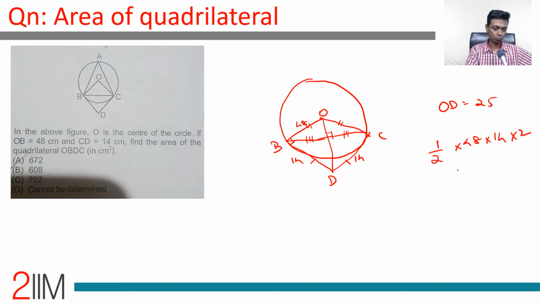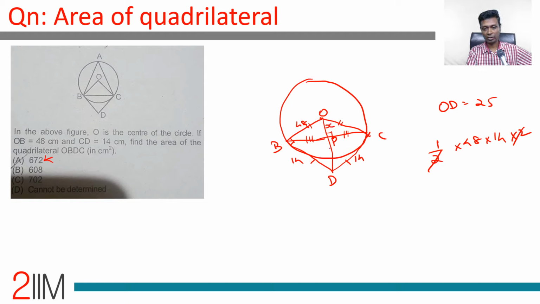You can find that. Suppose the question said find BC, then it's trickier. Even that can be done. This is the answer for this question. 48 into 14, whatever that 480 plus 192, whatever that number turns out to be. Suppose the question said find BC, then let's say we say this point is P. OPB is a right angle triangle. BPD is also a right angle triangle.